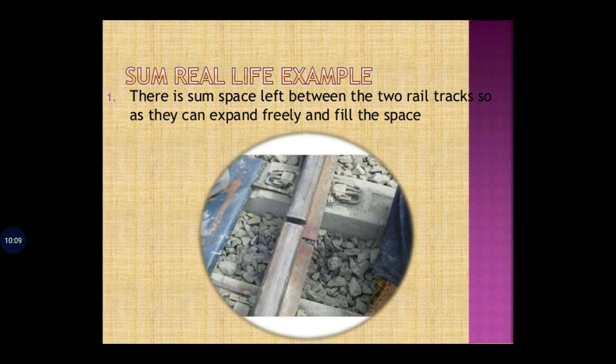Due to the temperature, the solids expand, so the railway tracks expand. So only the railway tracks have some space between them, so they can expand freely in the summer season.